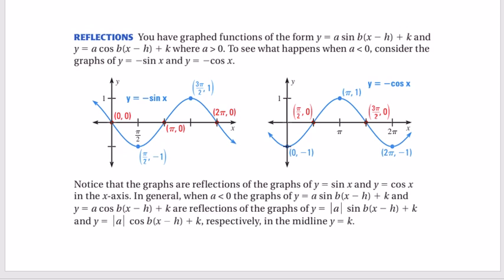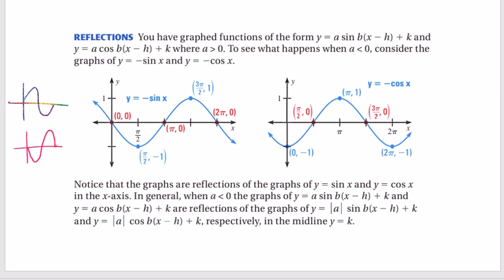Alright, so the second concept here is that reflection piece. So we are all talking about whether A is positive or whether it is negative. Okay, so this reflection is going to be over the x-axis. So if I have my lovely sine parent function and it becomes the opposite of sine, I'm going to be flipping it over the x-axis and reflecting it.